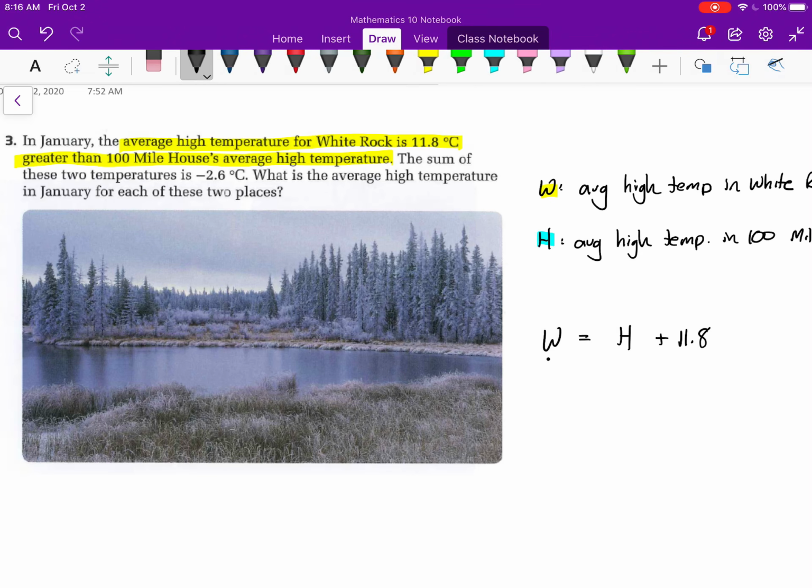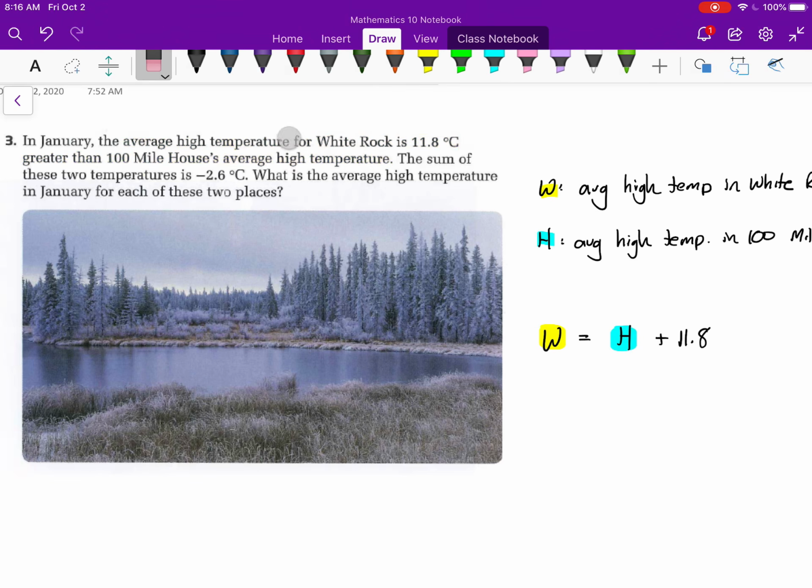White Rock is 11.8 more than 100 Mile House. There's other ways of writing it, but I think this is a fairly quick way. And so again, W is White Rock, H is 100 Mile House.